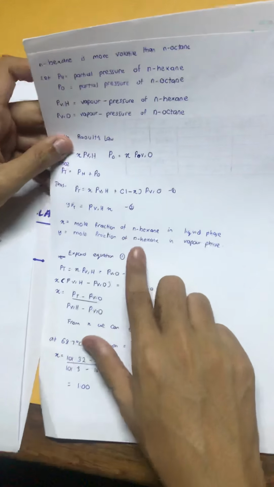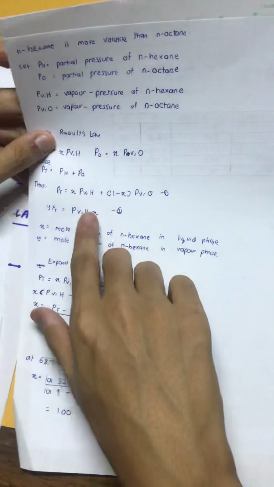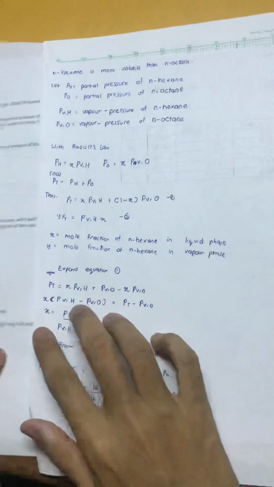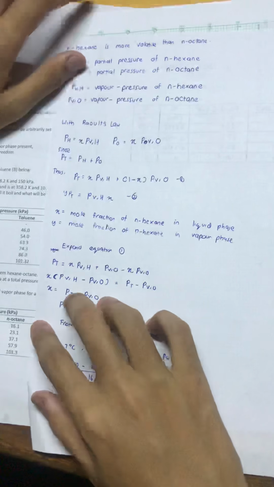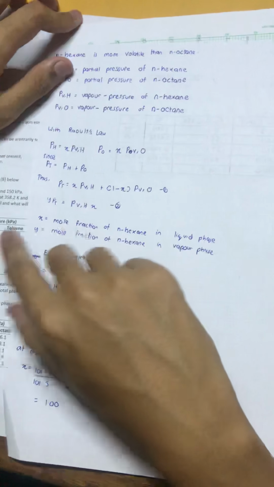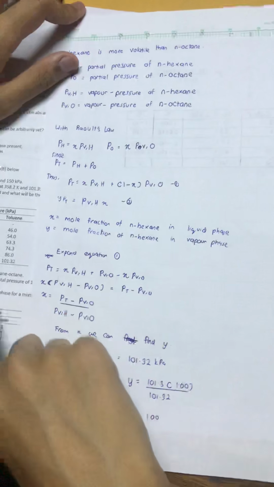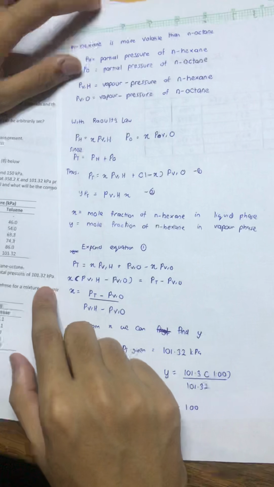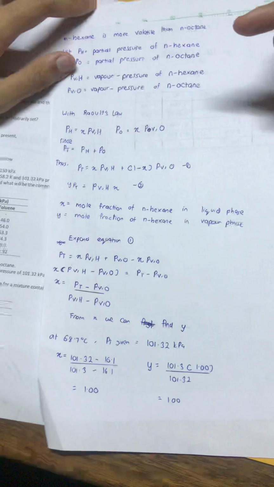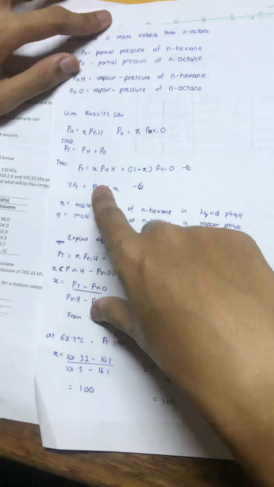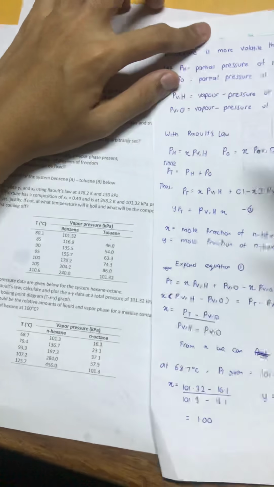We can find the value of X from the given question. It already states the total pressure, which is 101.32 kilopascal, and it has given us the vapor pressure for both substances, N-hexane and N-octane.